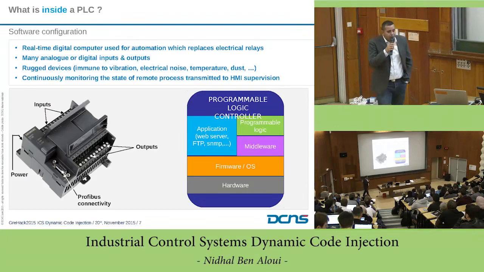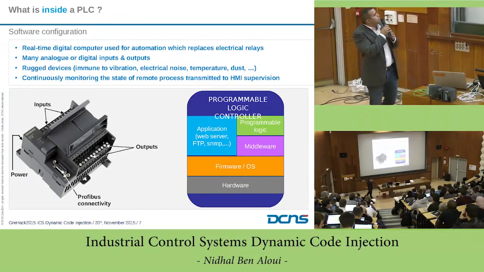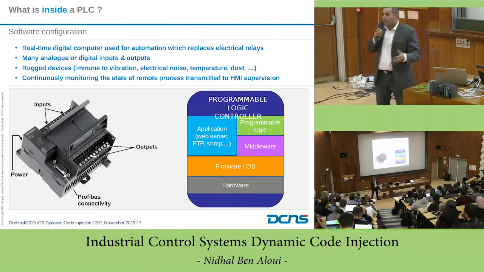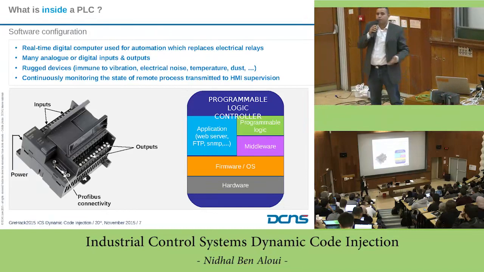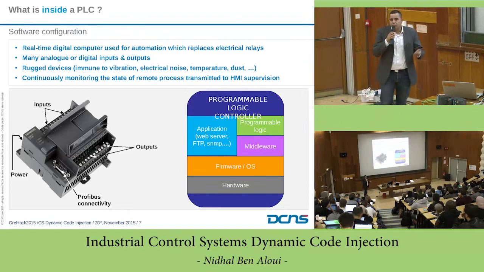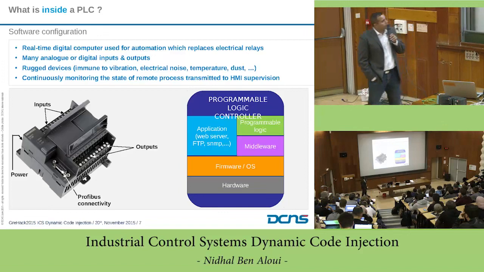So we have the power, the Profinet connectivity, output, input. So we can use it without connecting it. We can write or source a program in an S7 project and inject it into the PLC without needing to connect it really to the engine or to the actuator.